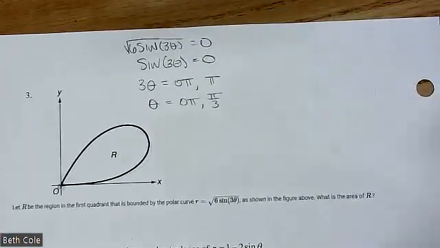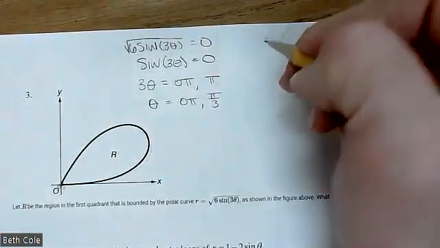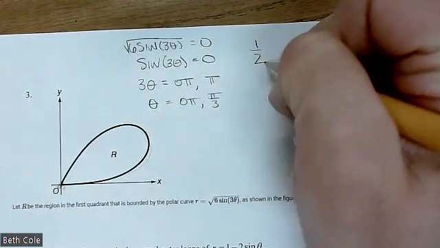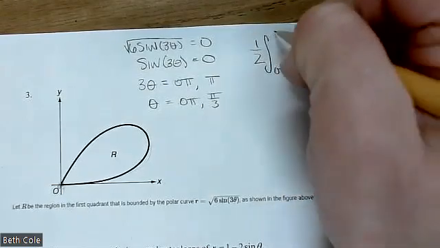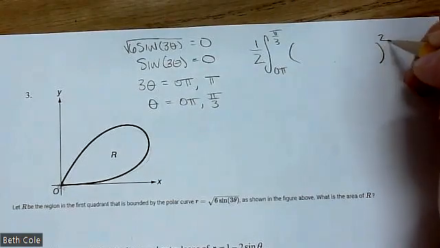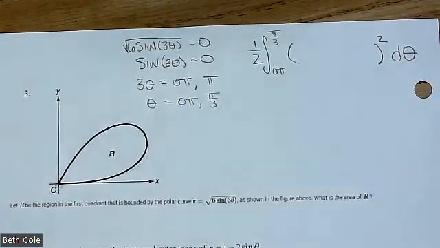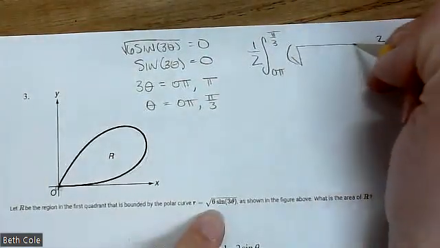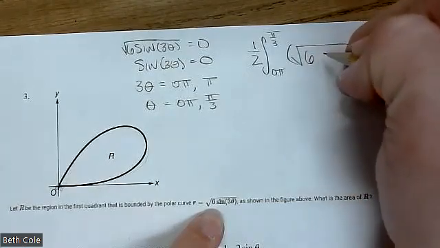So what's the formula to set it up? What goes out front? 1/2 integral, and then those are our boundaries. And then it'll be R squared d theta. And then you can just copy this into there. But again, the squared and the square root are going to cancel.